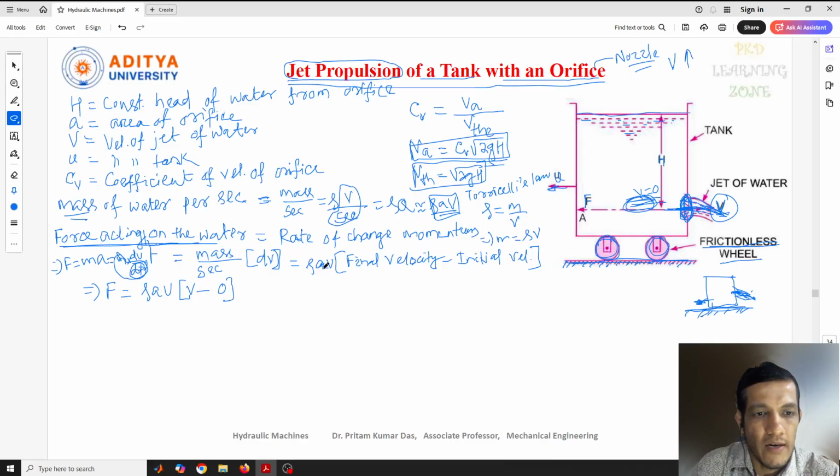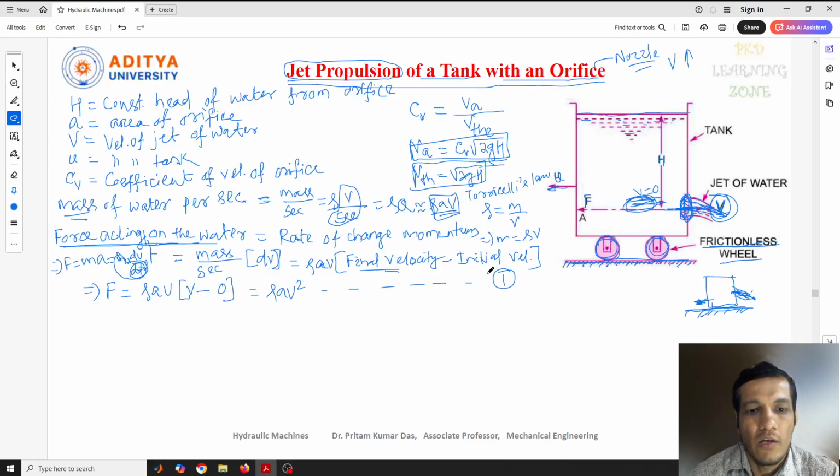I hope you understand. The final velocity is that of the fluid coming out through the orifice to outside, the velocity of the jet. The initial velocity is that of the fluid from where it comes out, present in the tank, where the velocity of water is 0. So we can write this as rho A V square. This one we can give as an equation.